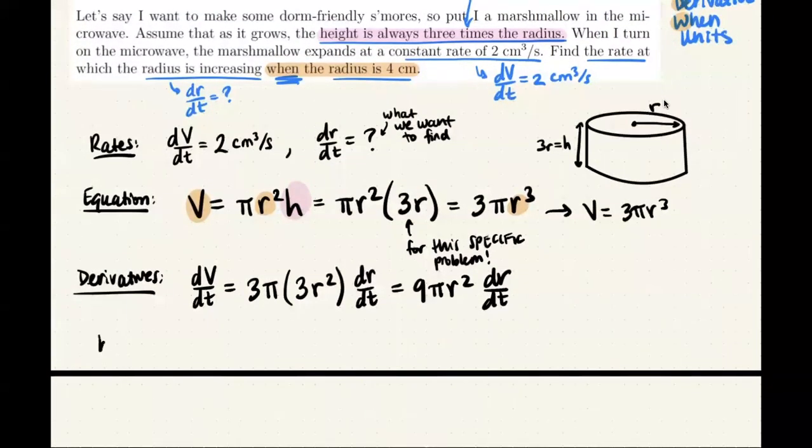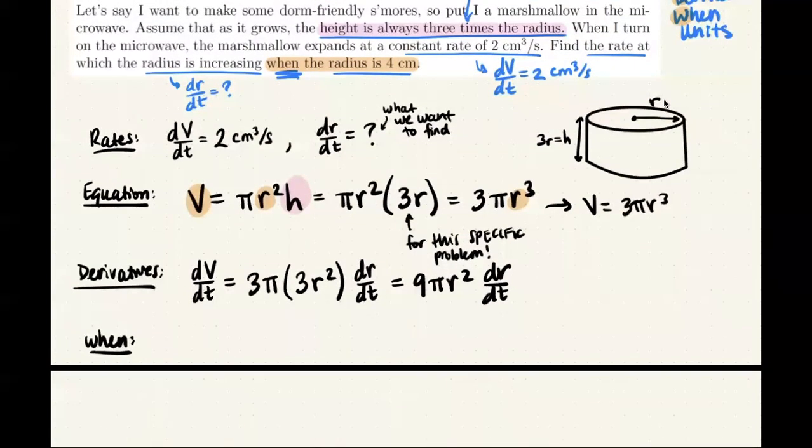Our when here: we know that the volume's changing at a rate of 2 centimeters cubed per second. That's an enormous marshmallow if it were meters. Remember, here's my dV/dt, so I'm going to replace dV/dt with 2. We're asked when the radius is 4 centimeters, so I'm going to replace this r with 4.